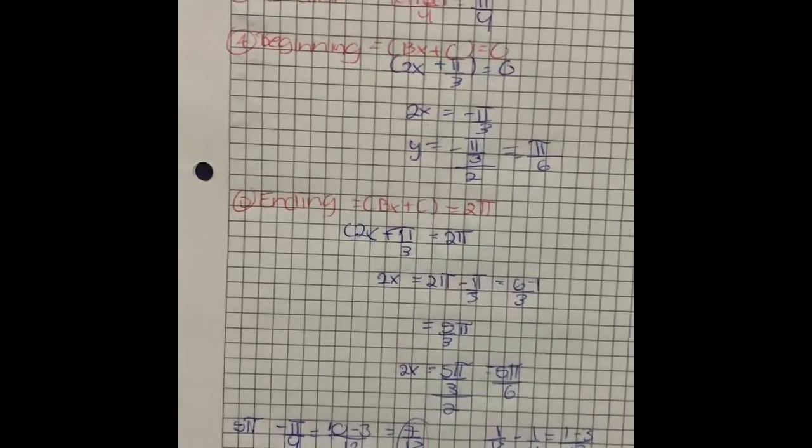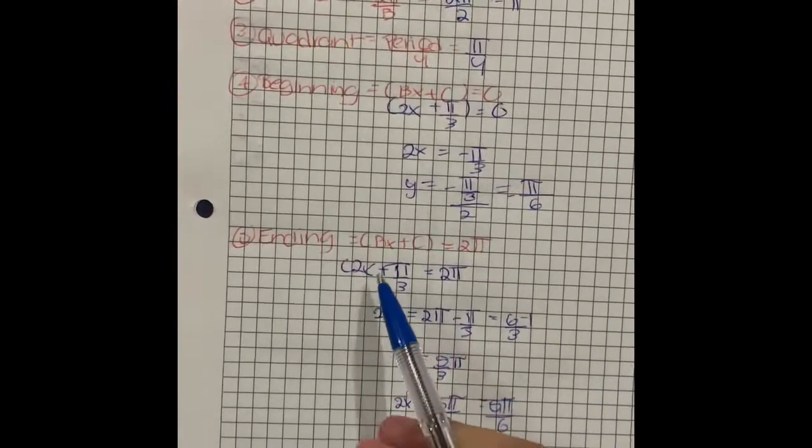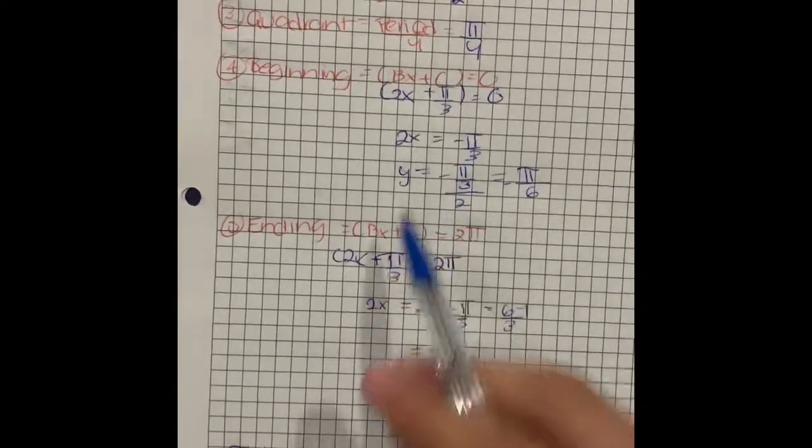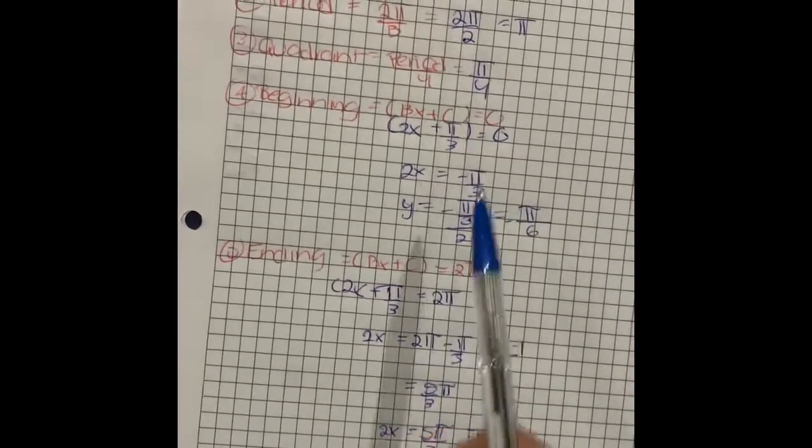So then for the ending, we follow the same formula as here, but this time it equals 2π instead of 0.